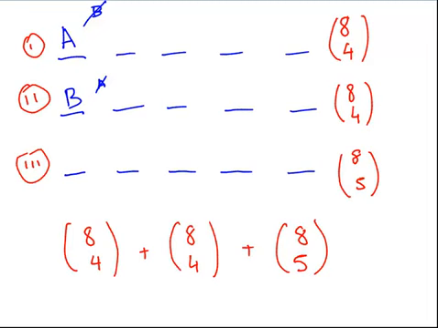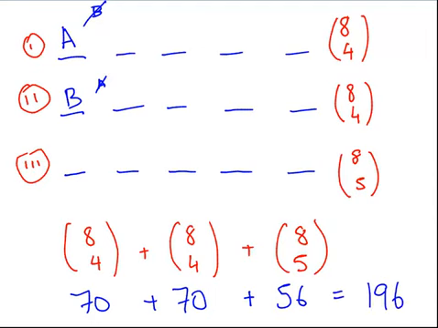Now rather than work out the calculations, I'm going to just provide the answers this time around. You can do it the same way I've done it in the last questions. 8 choose 4 gives you 70, plus 70. 8 choose 5, you would actually get 56. So there are 196 ways.